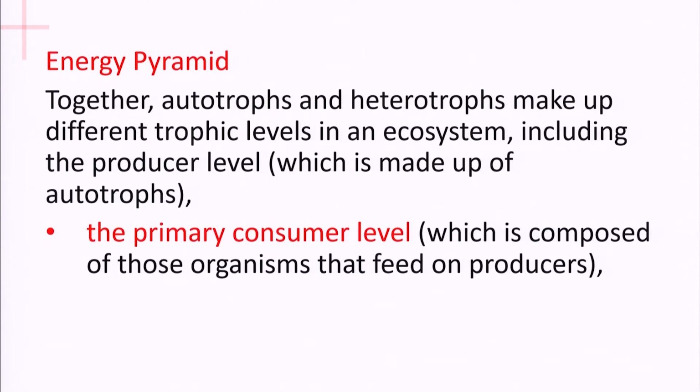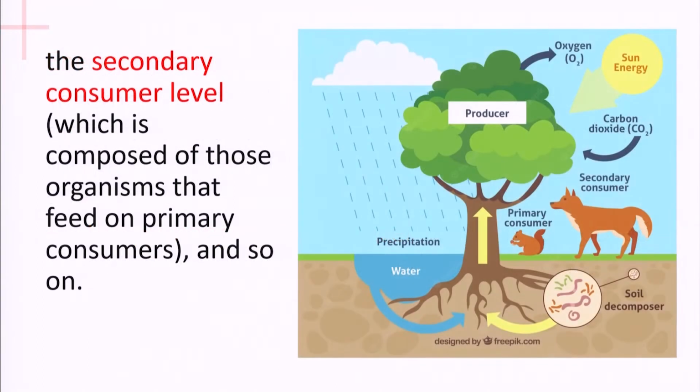Now let us see the energy pyramid. Together, the autotrophs and the heterotrophs make up the different trophic levels in an ecosystem, including the producer level, which is made up of autotrophs. The primary consumer level is composed of those organisms that feed on producers. The secondary consumer level is composed of those organisms that feed primarily on the primary consumers, and then it continues.